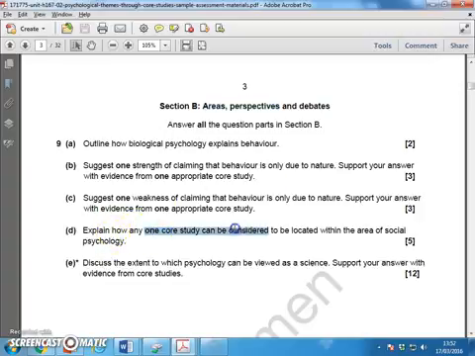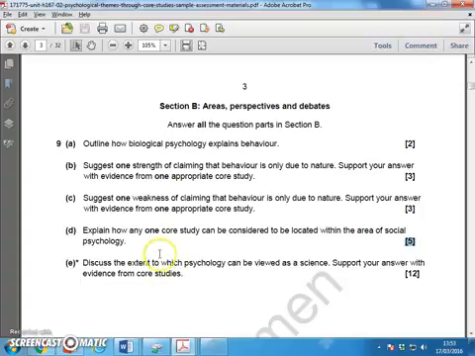How any one core study can be considered to be located within a particular area, or it could say explain how one core study could be considered to support nurture as an argument, or explain how one core study could be considered to explain how the situation affects our behaviour.